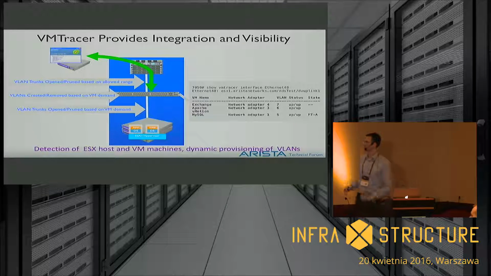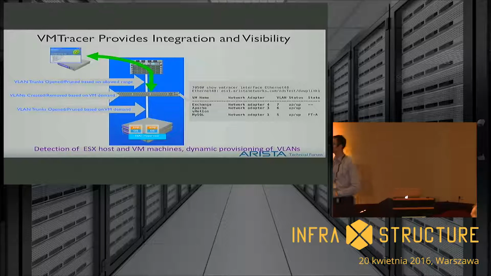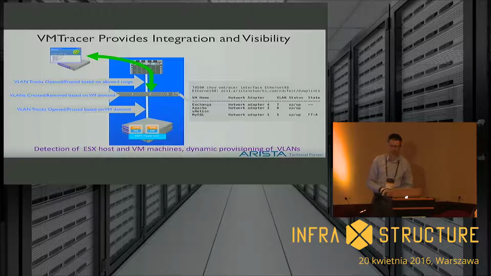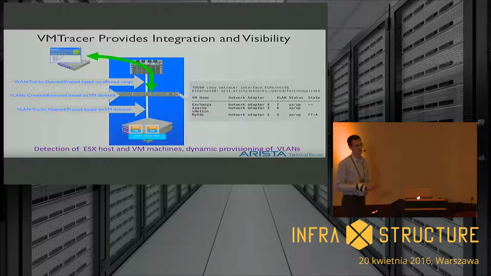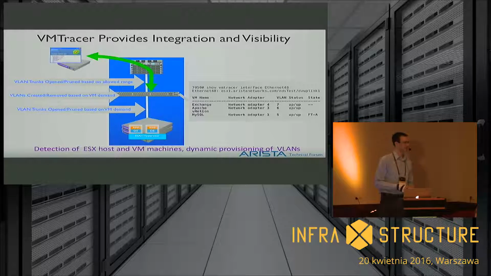So what VM Tracer allows you to have is first auto-provisioning for the VLANs, the trunks, and also, you might know NSX and this service chaining. But importantly, from the CLI, from the network device, you can have visibility about what VM resides where, and behind what port on which hypervisor.